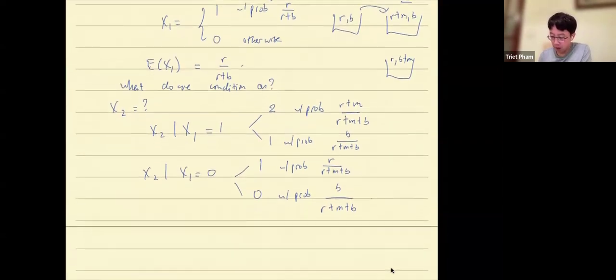And so, how do we write the expectation of X2? Well, what would this be? This is about how you work out the inner expectation and the outer expectation. How do we work that out?